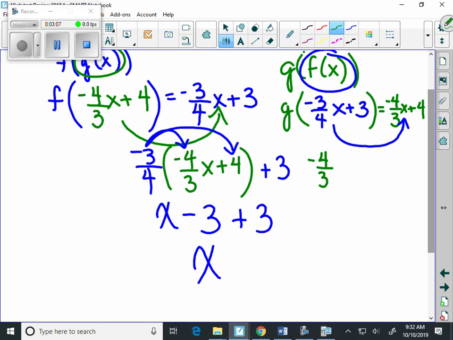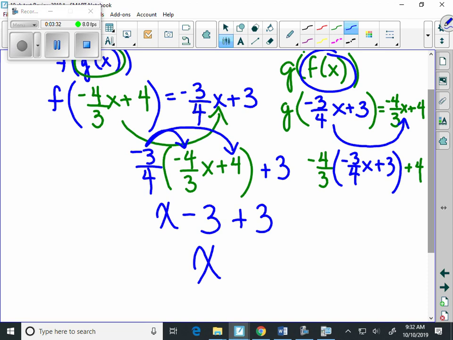Negative 4/3 times negative 3/4 x plus 3 plus 4. Again, you might want to use your calculator. Most algebra teachers are pretty picky about the work on this problem. And most algebra teachers include me.